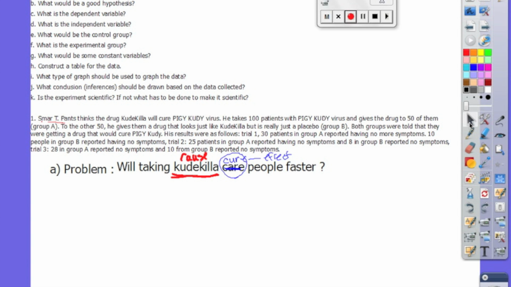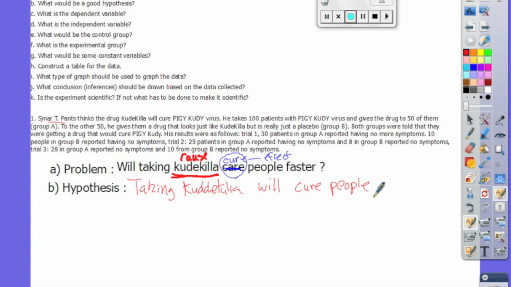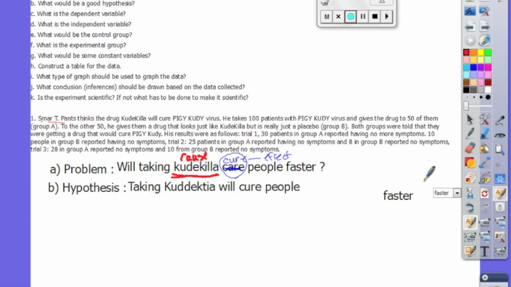The hypothesis statement is basically we take the problem statement and we put it in the form of a statement. Hypothesis: taking the curricula will cure people faster.